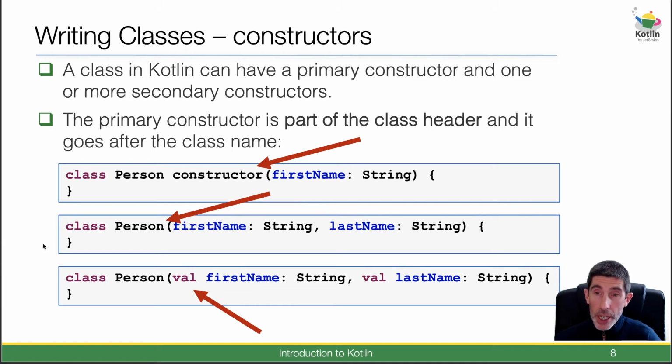But what's most commonly used is the following: class Person with the modifier, val firstName of type String, then comma, val lastName of type String. That's what we will probably use most often.